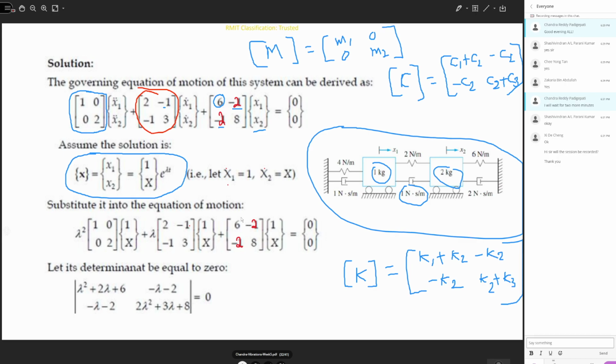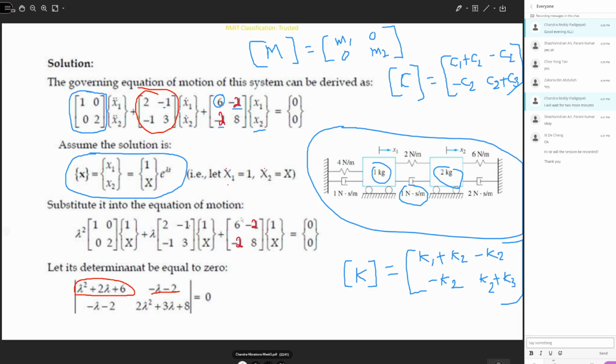So you can write the determinant. The first element is lambda square plus 2 lambda plus 6. The second element is lambda into -1 minus lambda, then -2, so minus lambda minus 2.